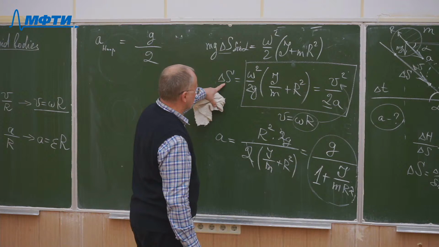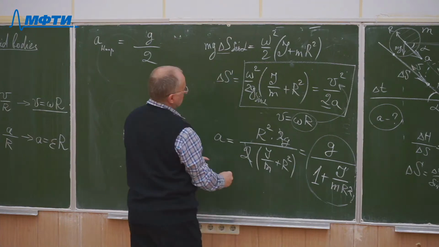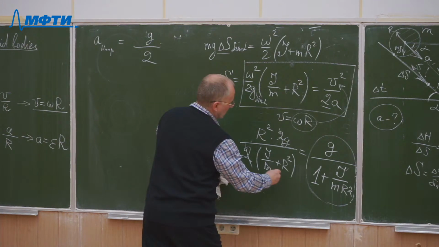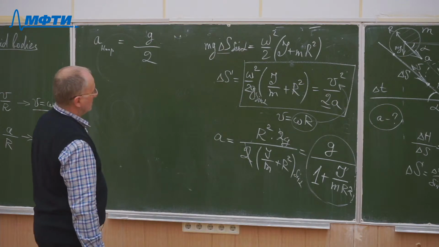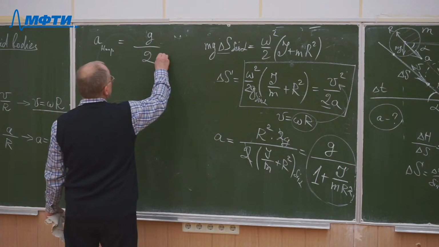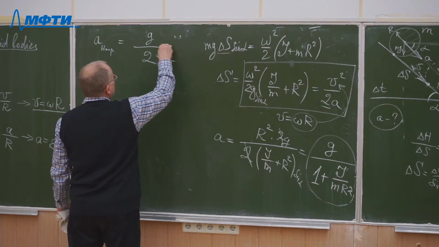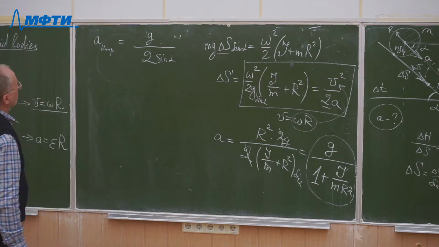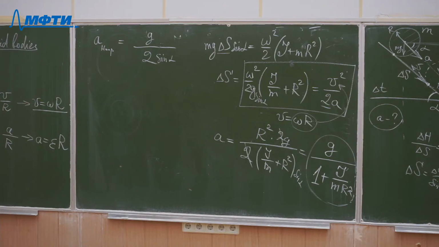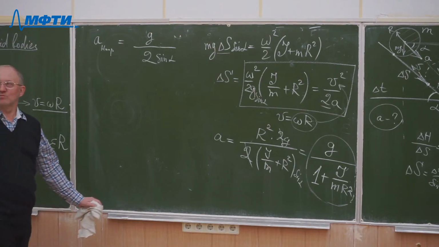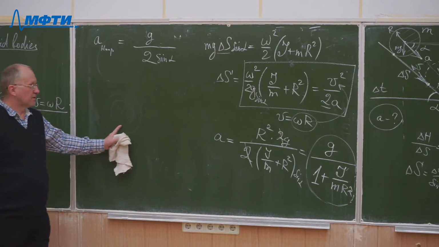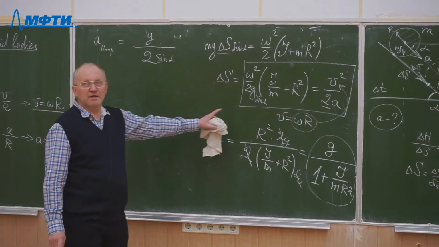It must be here, sine alpha, and so it must be here, sine alpha, right? This, yes, and it must be here, sine alpha. No, no, something's wrong. What's wrong in it?